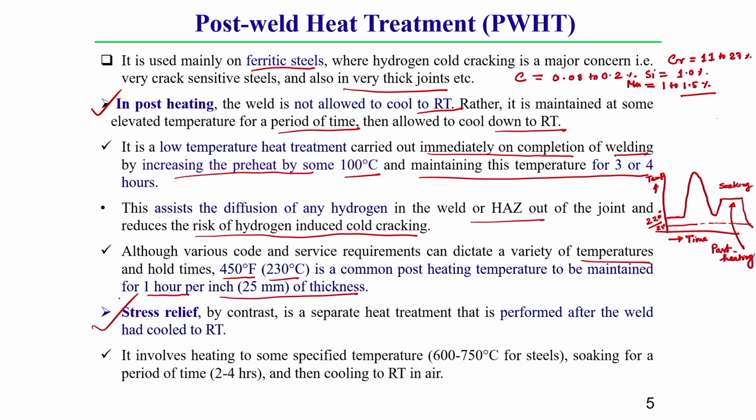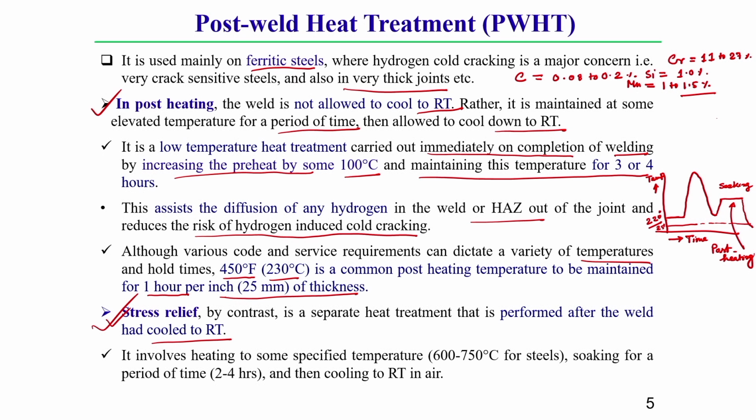Now, another post weld heat treatment process is called stress relief heat treatment. It is generally a separate heat treatment process. It is generally performed after the weld has cooled to room temperature. So, here the temperature of the weld specimen drops down to room temperature.